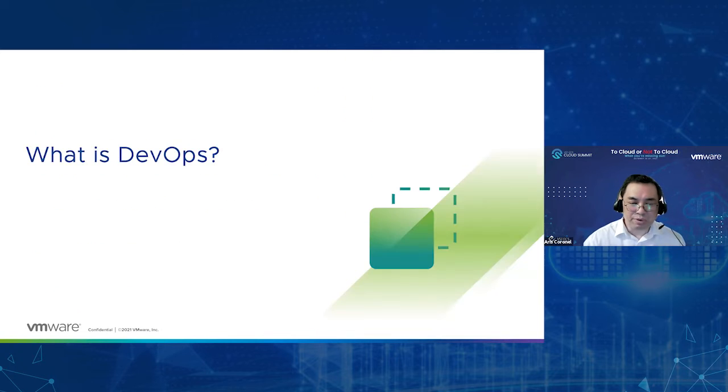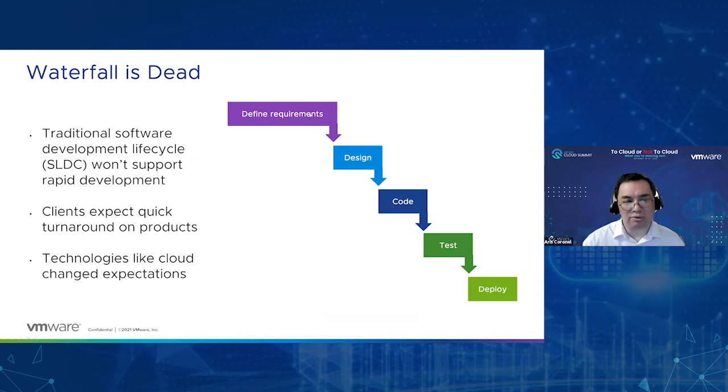Now, before we start discussion on DevSecOps per se, I'd like to start off with making sure we have a good understanding, a common understanding of what is DevOps, and why it seems like a lot of people are moving towards the direction of implementing DevOps, and the primary reason why is that waterfall is dead.